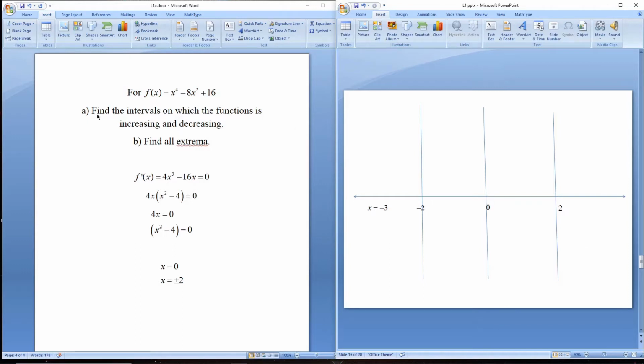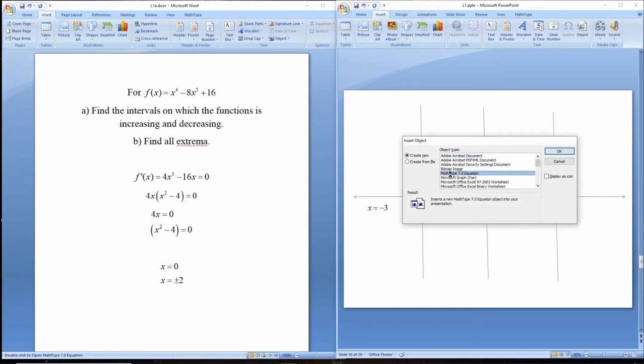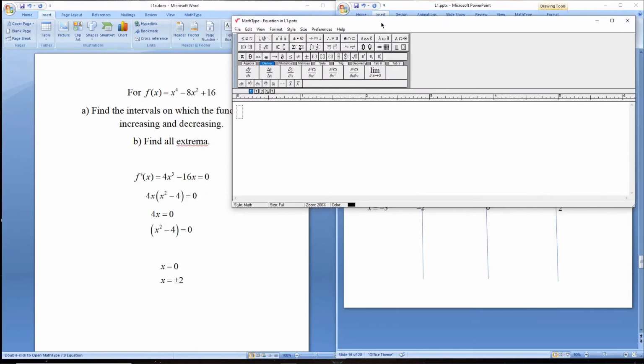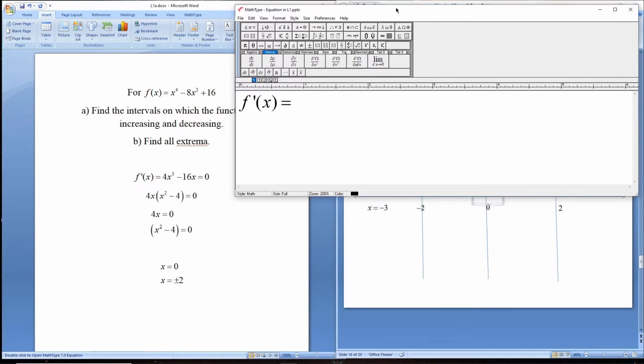And of course, that helps us answer part A, but that also helps us determine if we're dealing with plateaus or mins or maxes. So we'll take the original function, the derivative, and we'll plug -3 into it.